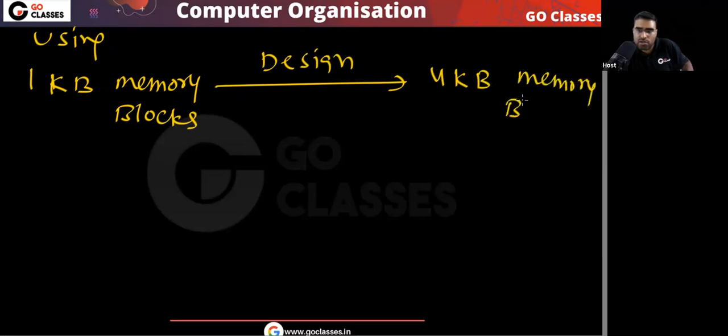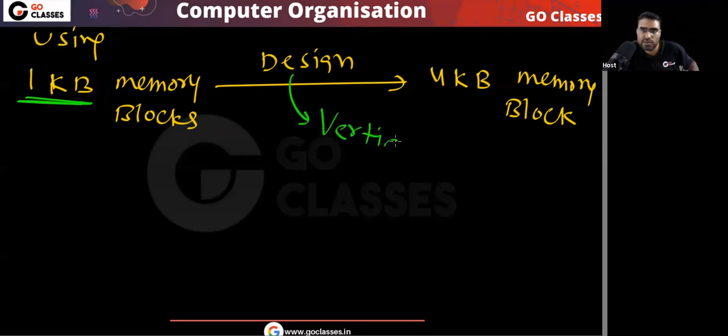First, tell me, is this an example of vertical arrangement or horizontal arrangement? You have 1 KB memory blocks. Using them, you want to design 4 KB memory. Then is this an example of vertical or horizontal arrangement? This is your vertical arrangement, right? Because you want to increase the number of address locations.